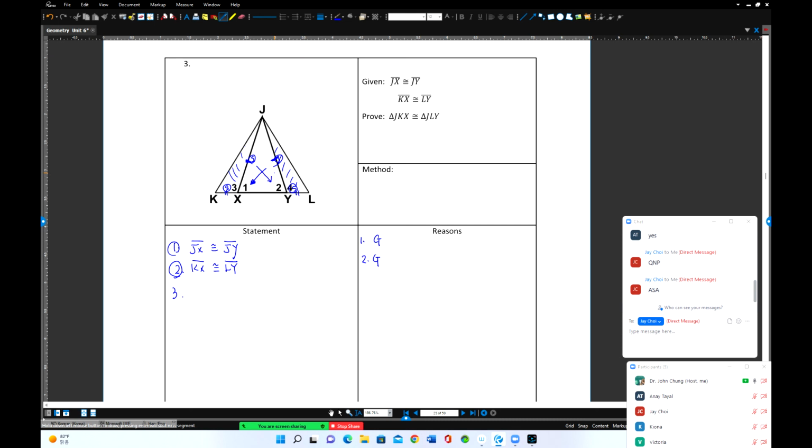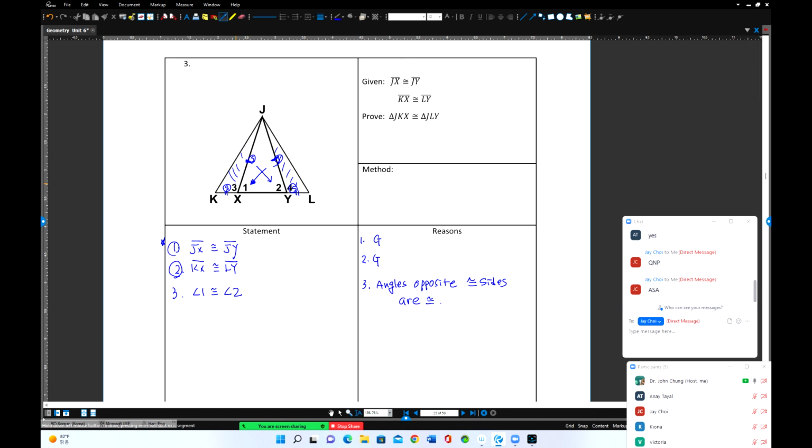Using this you can say angle 1 and angle 2 are congruent. The reason is: angles opposite congruent sides are congruent.